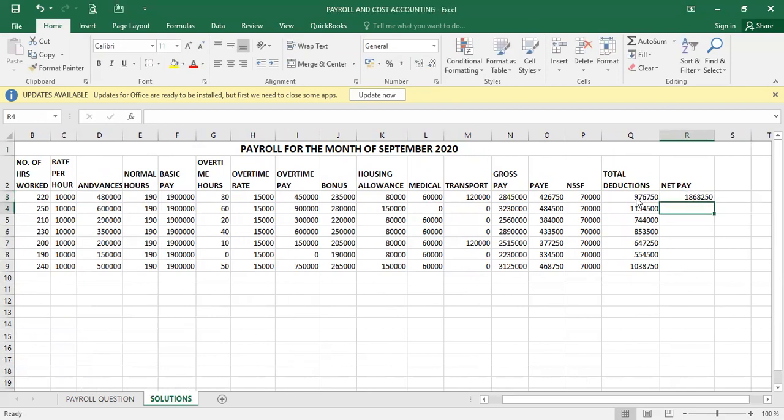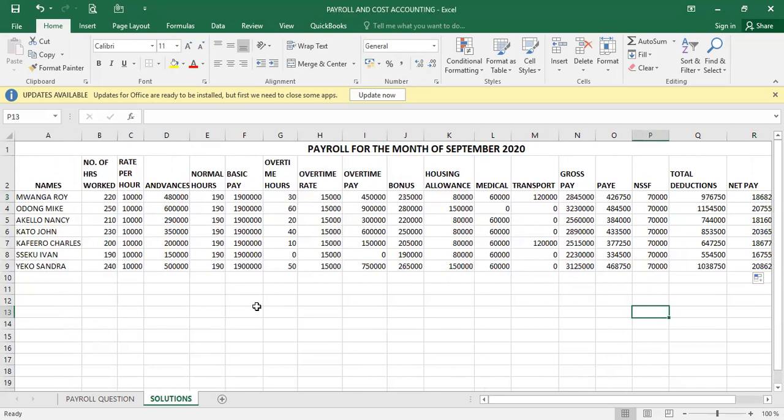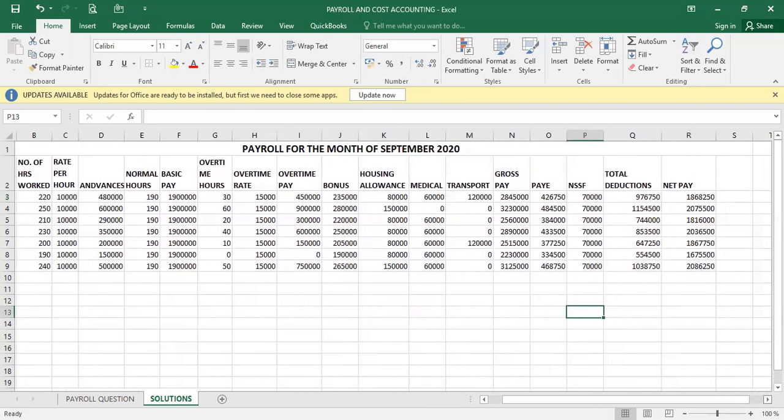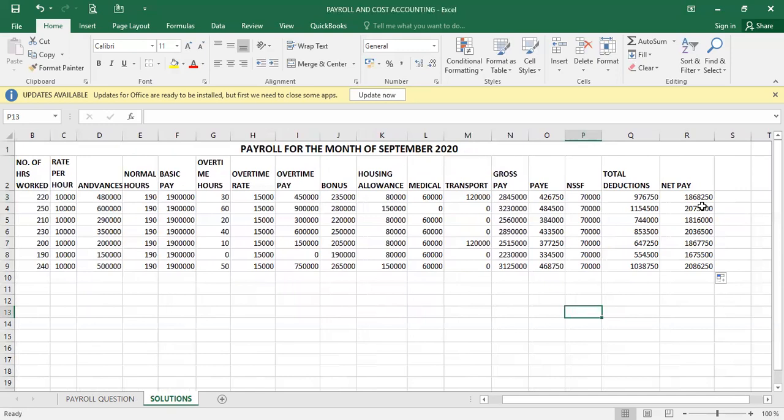Then we press enter and find what is remaining. Double click there. You find that for this one person, Mwanga Loy, is remaining with only 1,868,250, whereas someone is saying we are paying you 2,845,000, but when the money reaches the account, it is only 1,868,250.